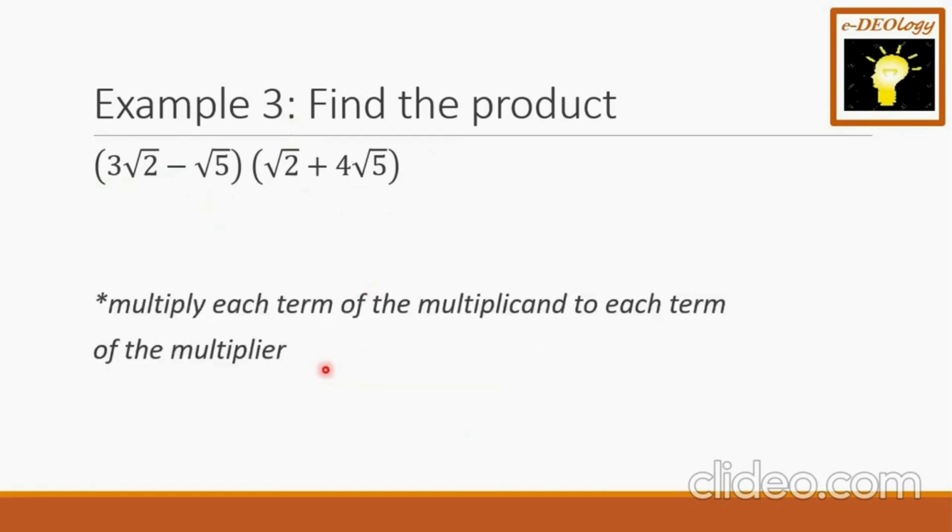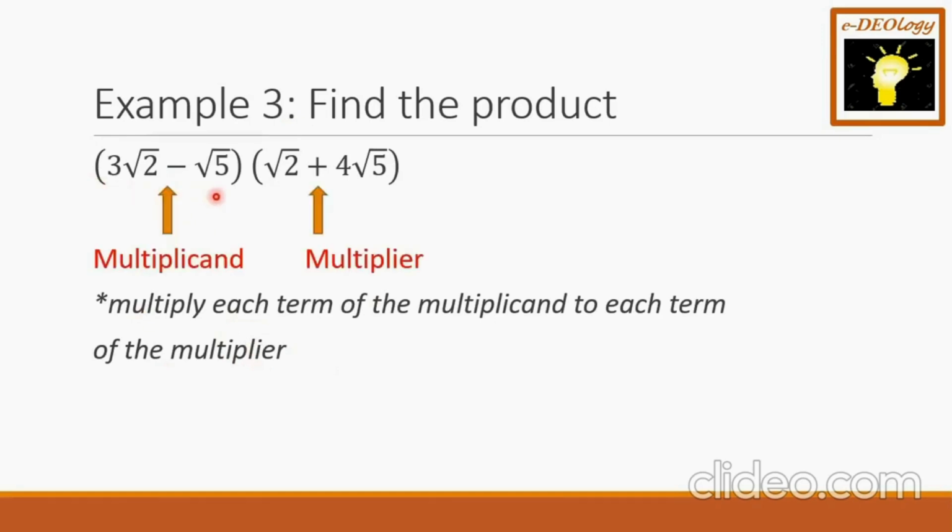Let's have example 3. There are two binomials with radicals that we will multiply. The first group is 3 square root of 2 minus the square root of 5. The second binomial, the square root of 2 plus 4 square root of 5. As per the rule, we will multiply each term of the multiplicand to each term of the multiplier.